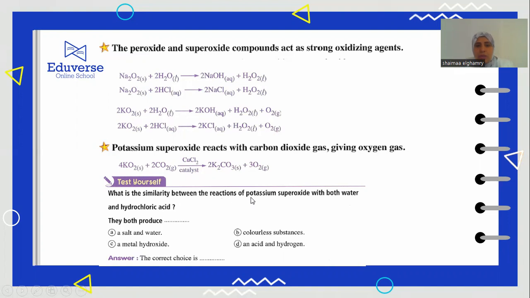Does it form salt and water? No, it forms colorless substances, or does it form metal hydroxide? It forms metal hydroxide in case of reaction with water. It forms salt in case of reaction with acid, so not metal hydroxide. And it forms colorless substance, yes. So B is the correct choice.